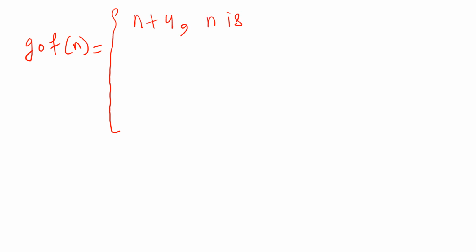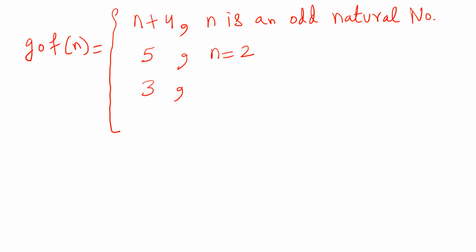Now students, the function g of f of n can finally be written as n plus 4 when n is an odd natural number. It is equal to 5 when n is equal to 2. It is 3 when n is equal to 4. And it is n minus 4 when n is an even natural number greater than 4.